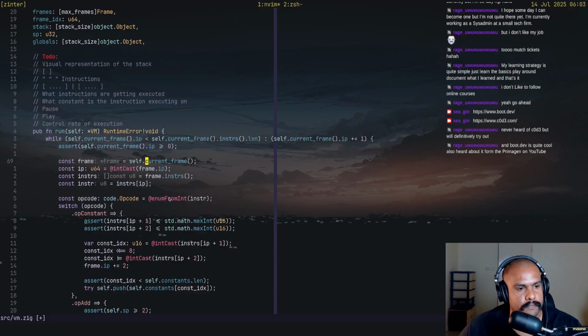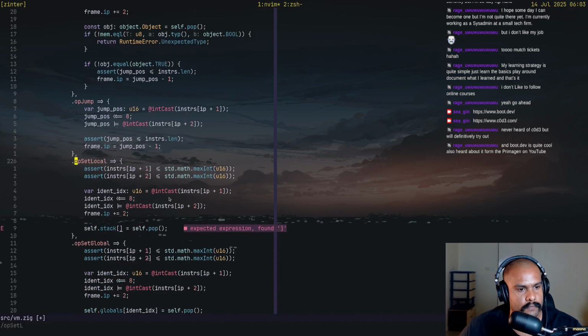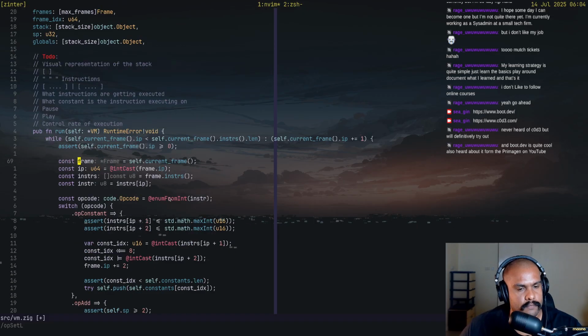Base pointer. Where's the frame defined? Okay.